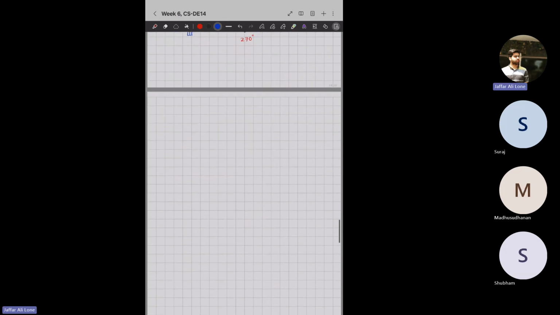This is about the type of question you get, and these are very famous types of questions in your GATE exam based on root locus.